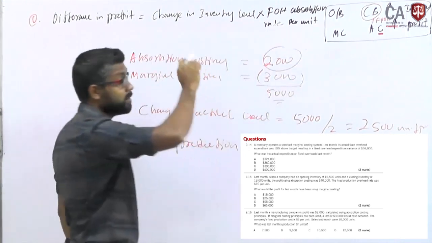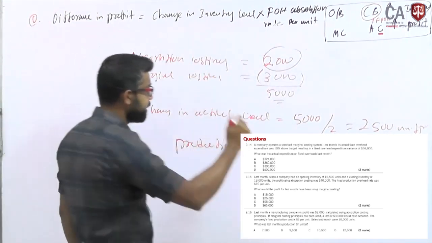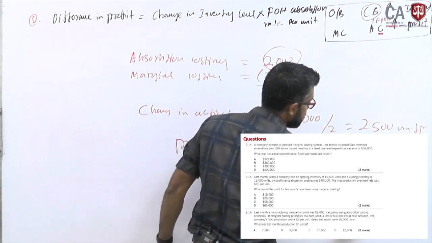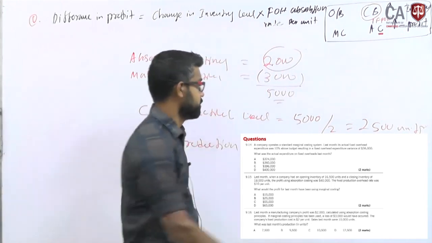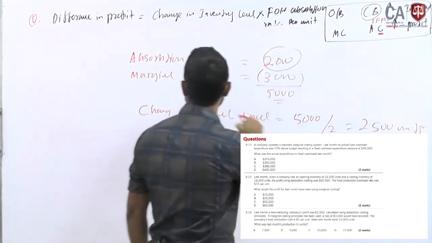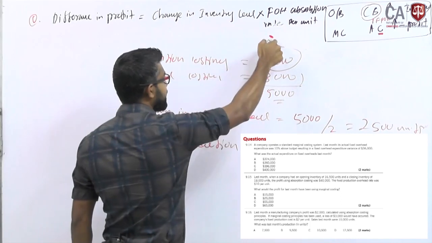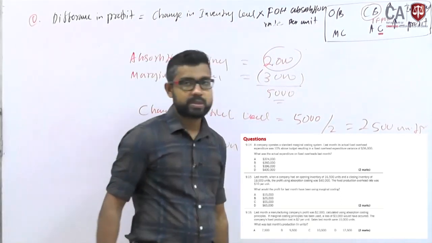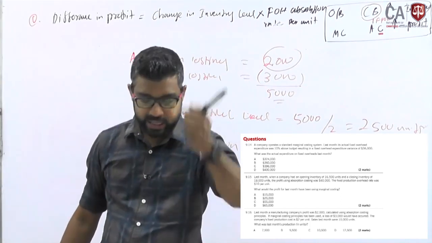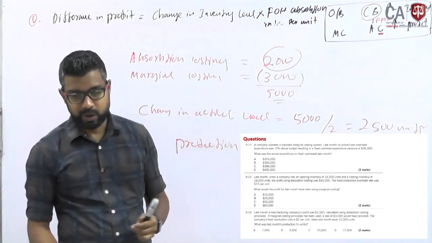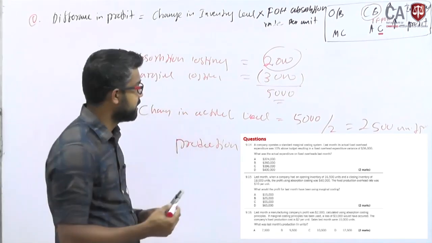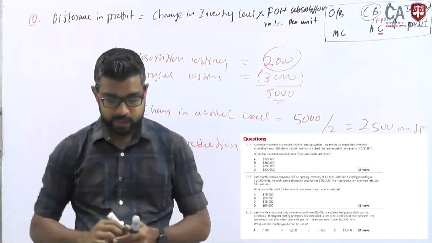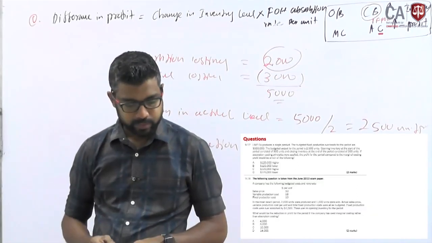Absorption costing profit increased means closing balance activity has increased, plus 2,500, giving 12,500. Because absorption costing profit is higher than marginal costing profit, the production activity level has increased to 12,500. The correct answer is D. Next question.